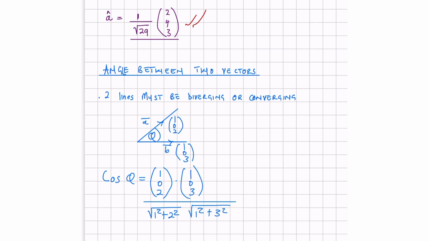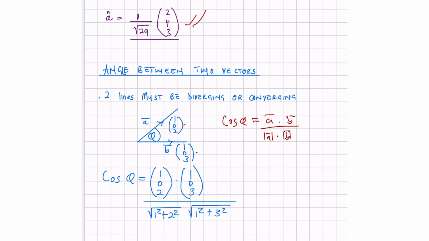So it's cos theta equals A dot B over, then you find the modulus of A and multiply that by the modulus of B. That's basically how you're going to get the angle theta.